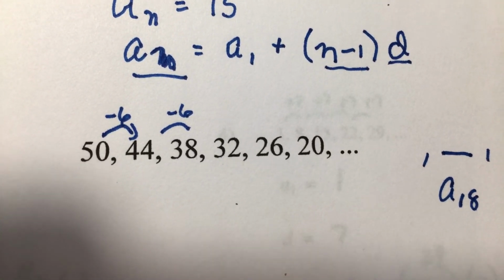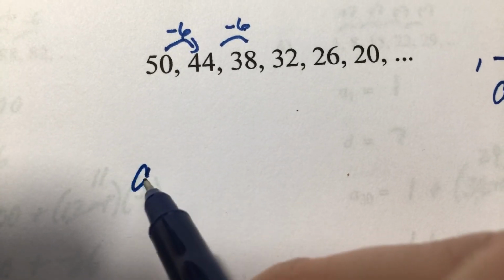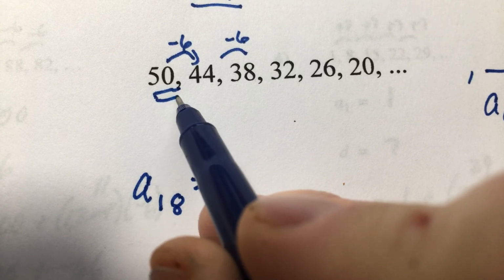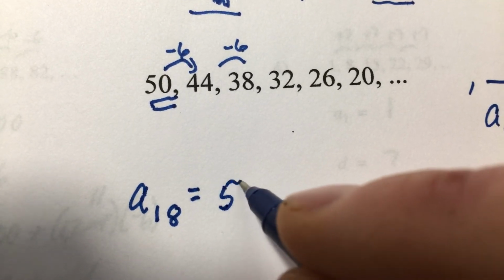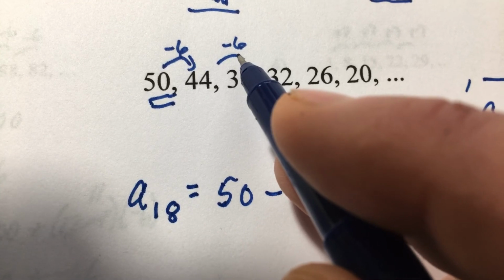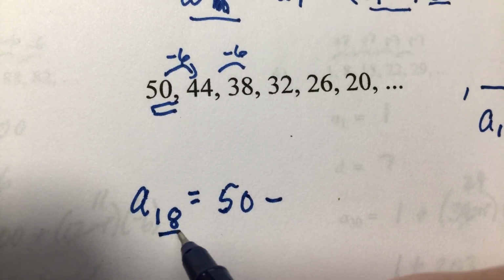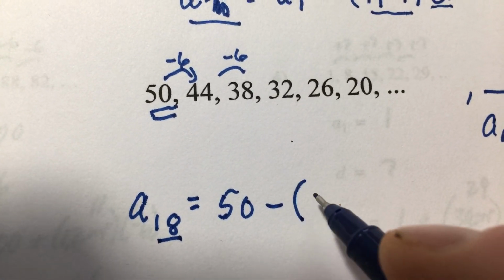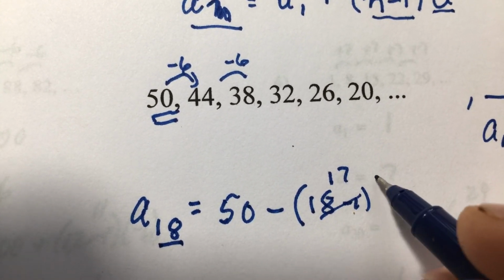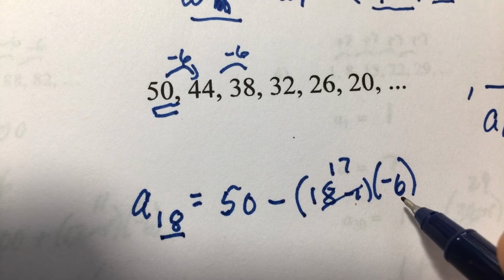How do we get to the 18th number in line? Well, you've got to start at your first spot. You'd have to start at 50. And then we're going to start subtracting 6. By the time we get to the 18th spot, how many will we subtract? Well, it will be 18 minus 1, or 17 of those negative 6's.